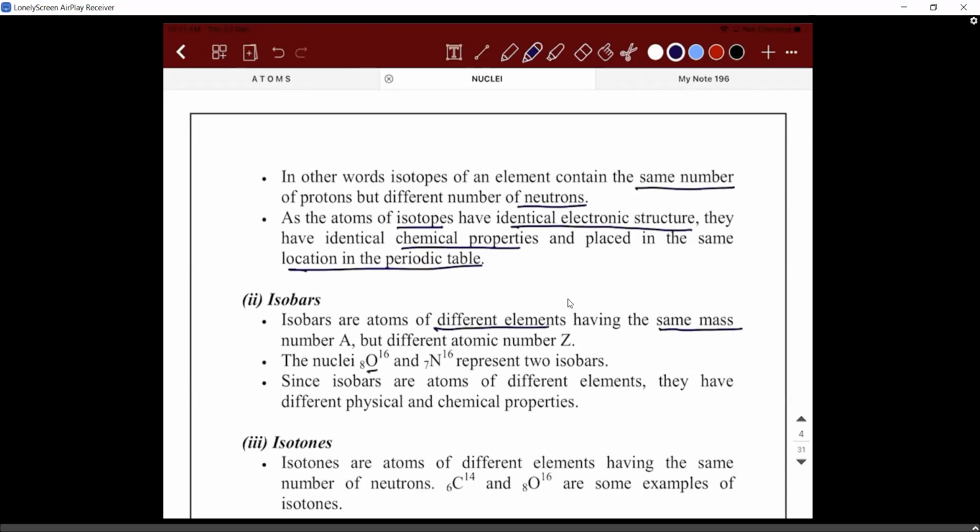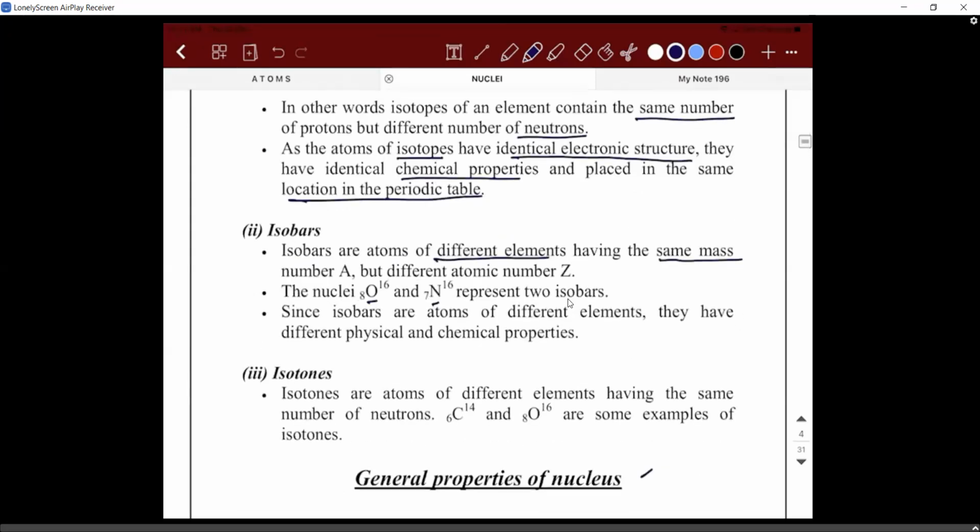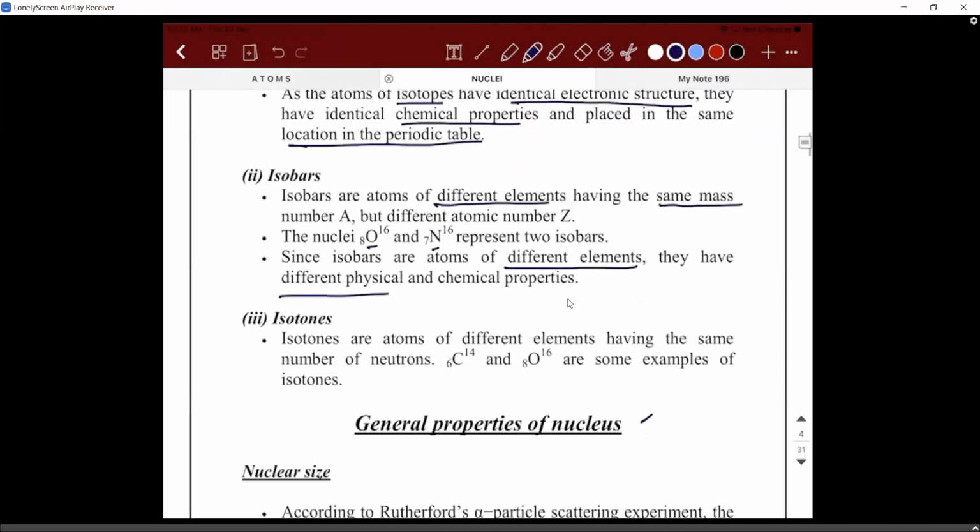For example, oxygen 16 and nitrogen also having 16. If you look at the power, that is the mass number, they are the same, but the number of protons is different. For oxygen it is 8, for nitrogen it is 7. Since isobars are atoms of different elements, they have different physical and chemical properties.